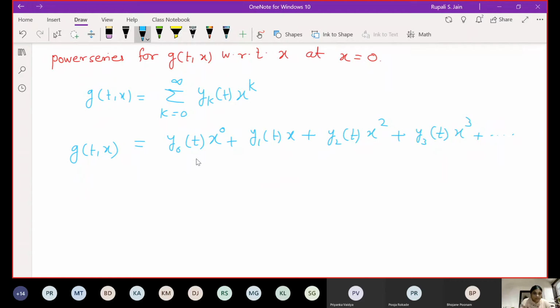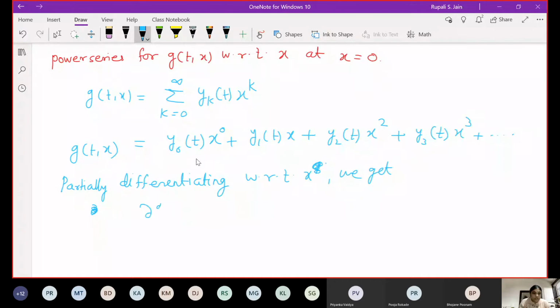If I differentiate with respect to x, what do we get? Differentiate partially, because it is a function of two variables. Now I'm differentiating partially with respect to x.